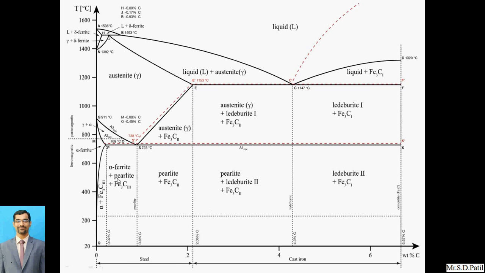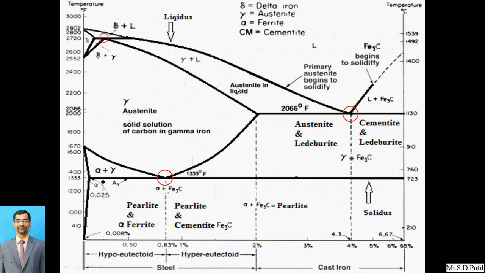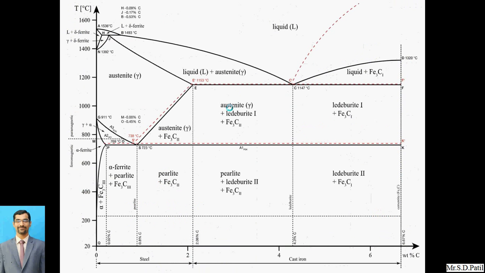In the alpha phase, the maximum dissolved carbon goes from 0.008% to 0.025%. So here we can see it starts from 0 to 0.025.